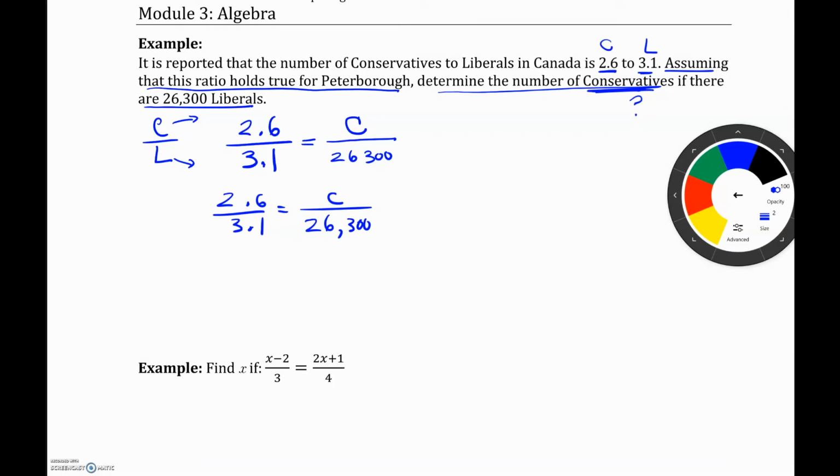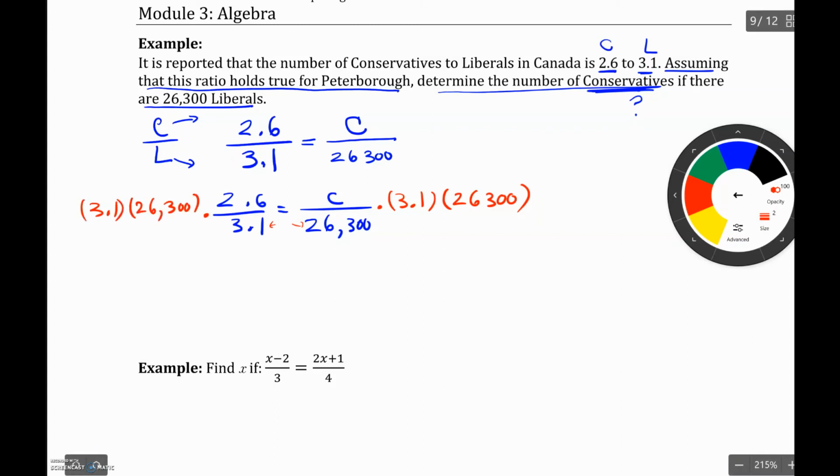Well, what we could do here is to multiply both sides. Remember, we talked about the LCD. We could just multiply the 3.1 and the 26,300 together, a common denominator. So I'm going to put 3.1 there and 26,300. So I'm multiplying the right side, so I have to do the same here. 3.1 and then 26,300.